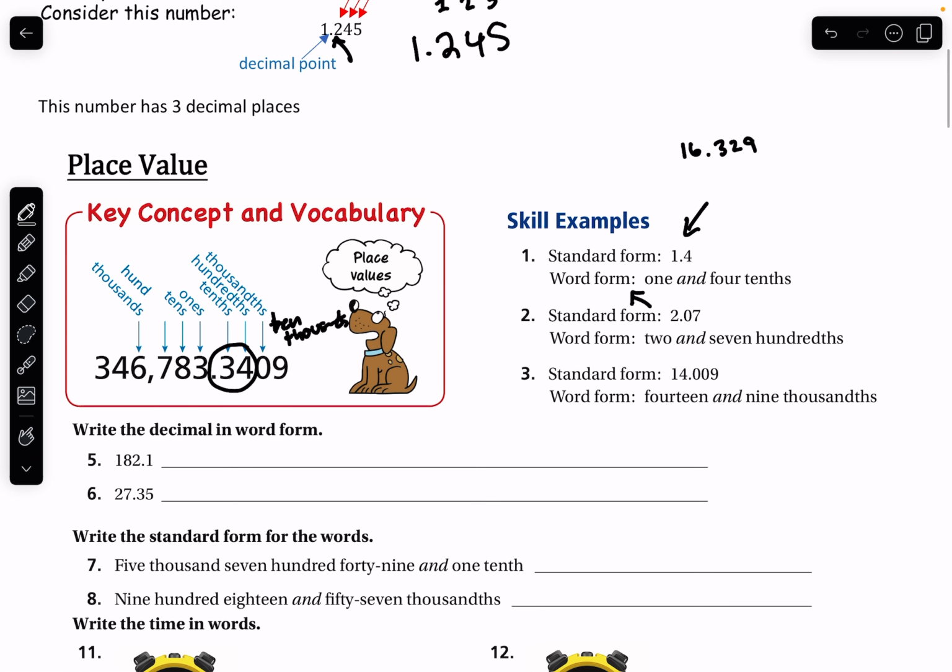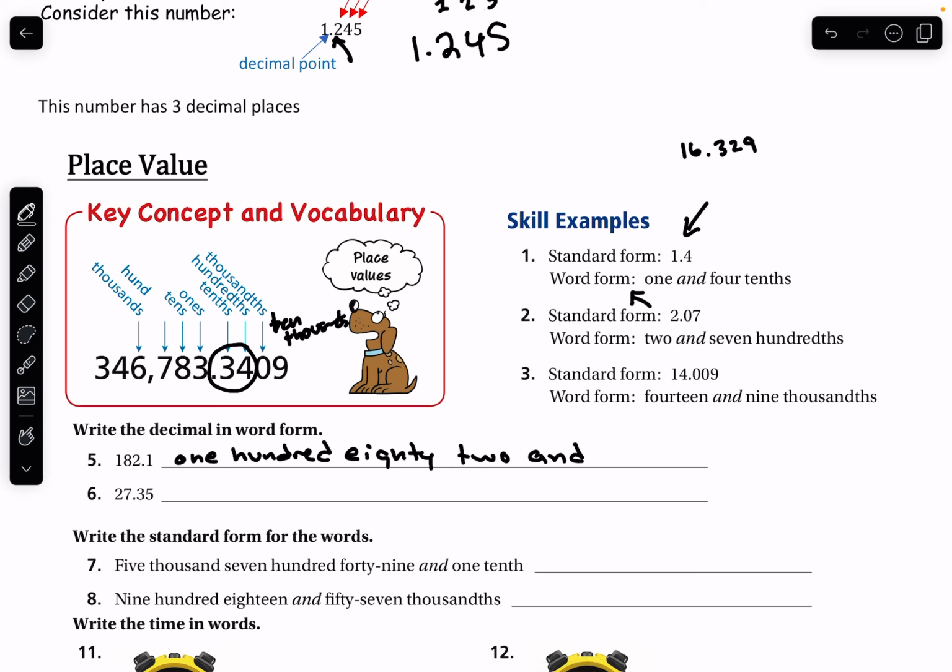So write the decimal in word form. 182.1. So you write this kind of like you're writing a check. 182. And the only time you use the word and is where the decimal is.